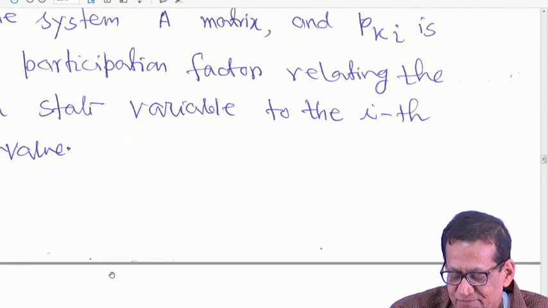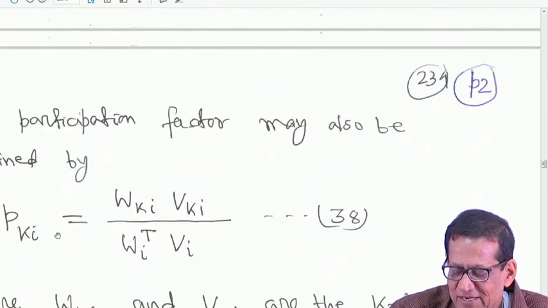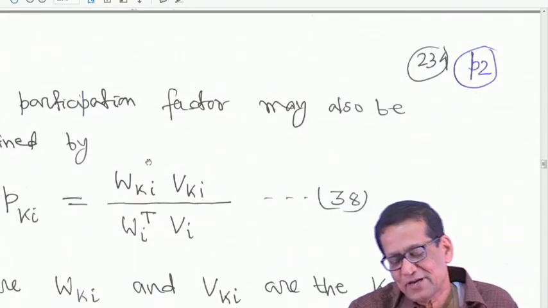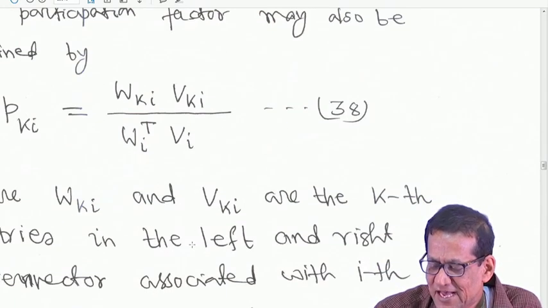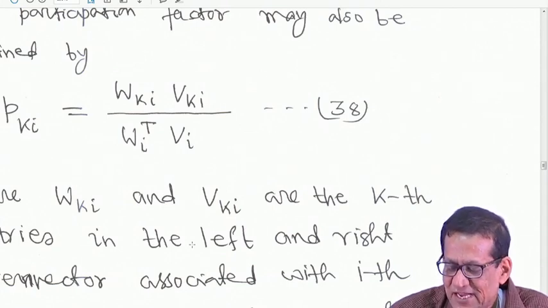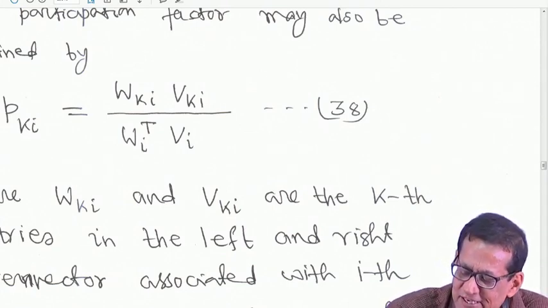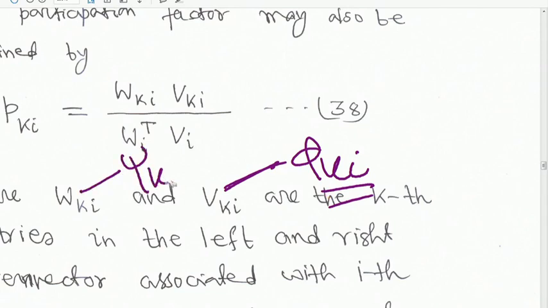Now, the participation factor may also be defined by p k i is equal to w k i v k i upon w i transpose v i. Here w k i and v k i are the kth entries in the left and right eigenvector. Actually, v k i is nothing but phi k i, the right eigenvector we previously took, and w k i is nothing but psi k i, the left eigenvector.